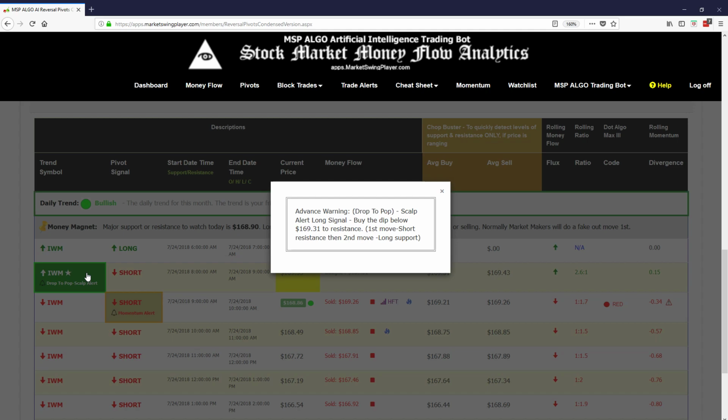So the first move is pullback, and the second move will be a bounce. So in a nutshell, this is 2 alerts in one, right? So things could change within time. So what we're going to do is we're going to look and see what was the market doing.